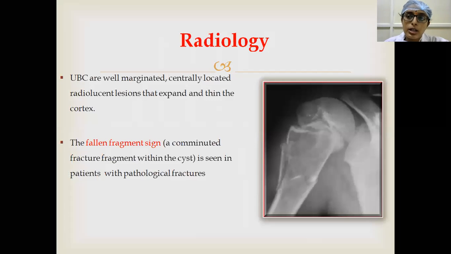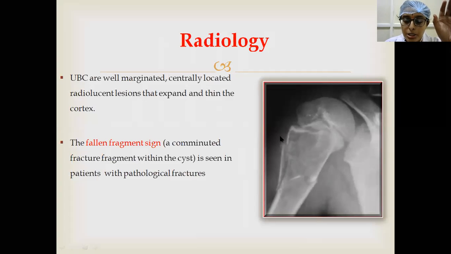This is centrally located, whereas GCT is eccentrically located. GCT is seen in the mature skeleton, whereas UBC is seen in the immature skeleton. Here I am showing a lytic lesion, whose common features are that it thins and expands the cortex. And it is a centrally located tumor, UBC.